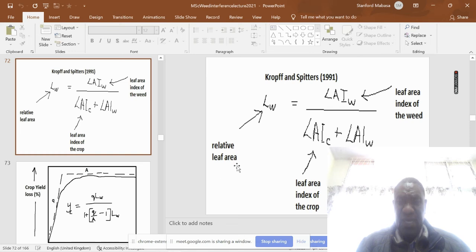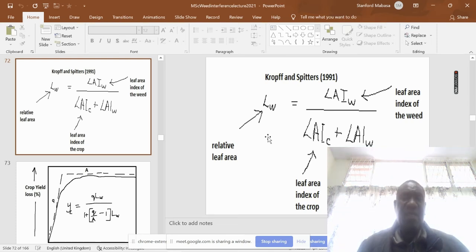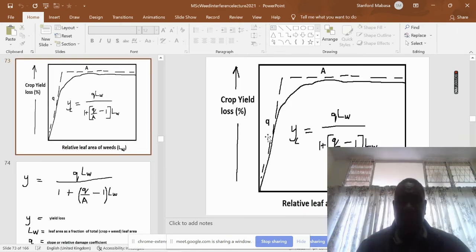Now, in order to get relative leaf area, you simply divide leaf area index of the weed divided by leaf area index of the crop plus leaf area index of the weed. Now, this LW, relative leaf area, you substitute it on the graph. Instead of writing weed density, you put in leaf area like this.